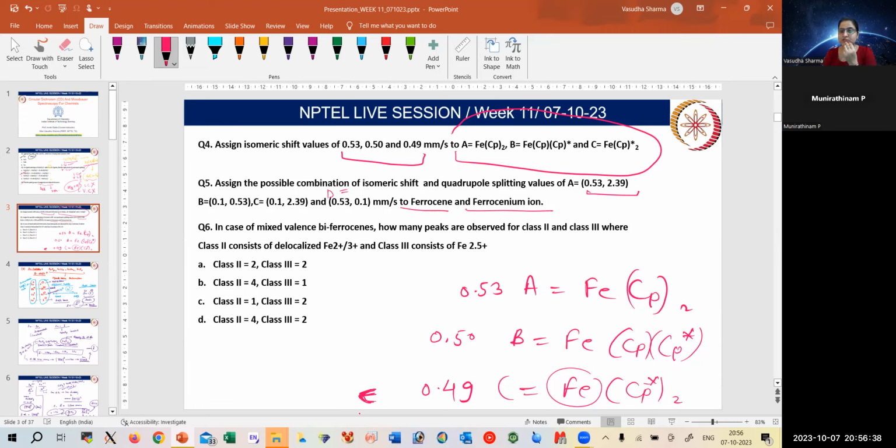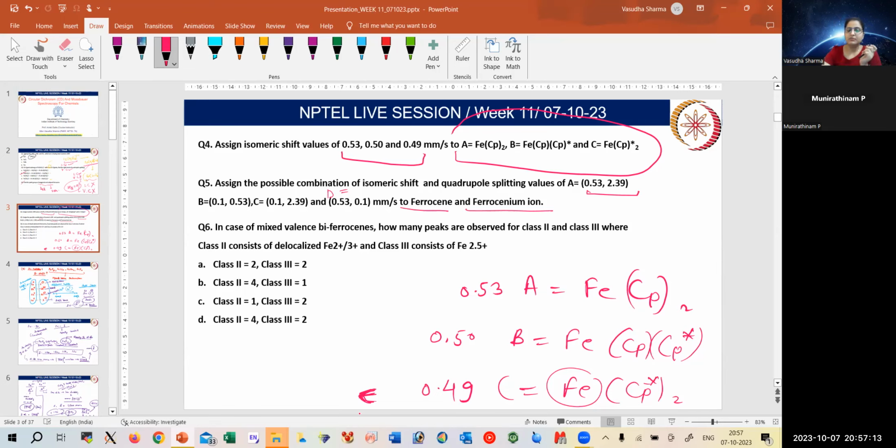We saw that even if we have the oxidation state of +2 and +3, still because of the redox nature of the Cp ligands, they do not let the total charge go anywhere. So they balance out the charge. So is there any change in the isomeric shift for ferrocene and ferrocenium? Isomeric shift is available for both, ma'am.